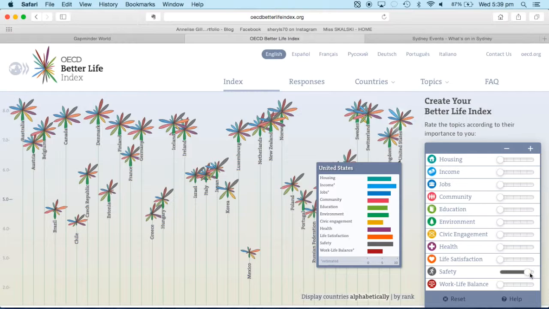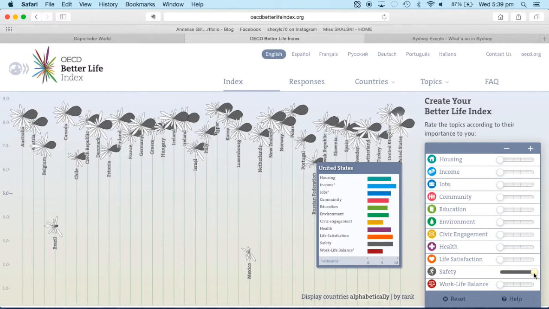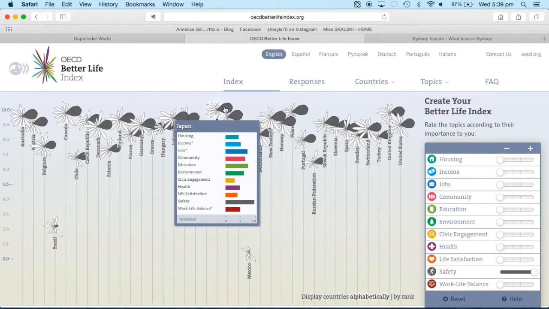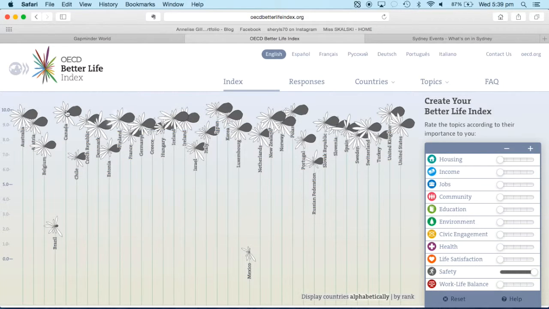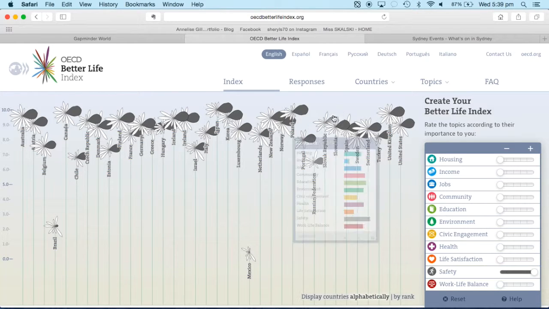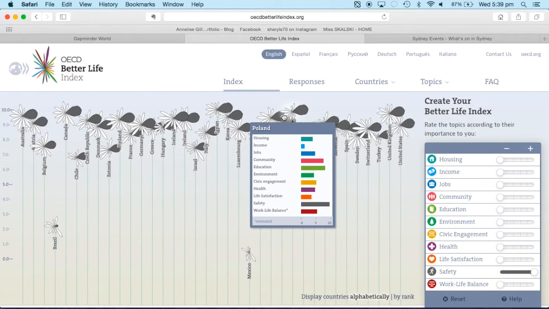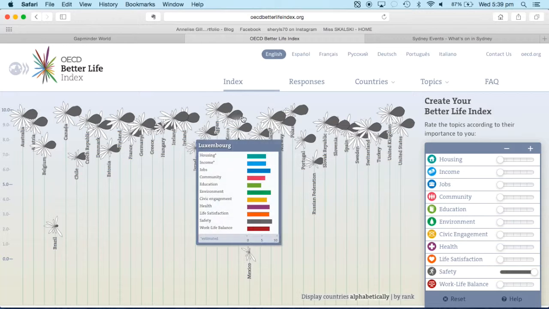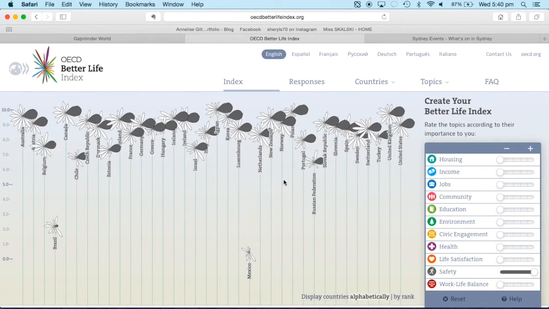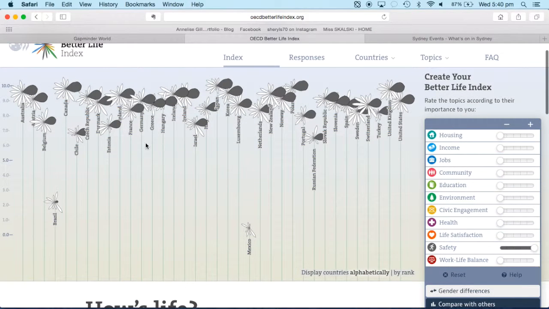So once again, if we click that up, now remembering that China and India were quite high, we should probably see China and India pop up at the top here somewhere too. Although they weren't looking, Poland, they weren't looking at assault rates. No, can't find China in there anywhere.